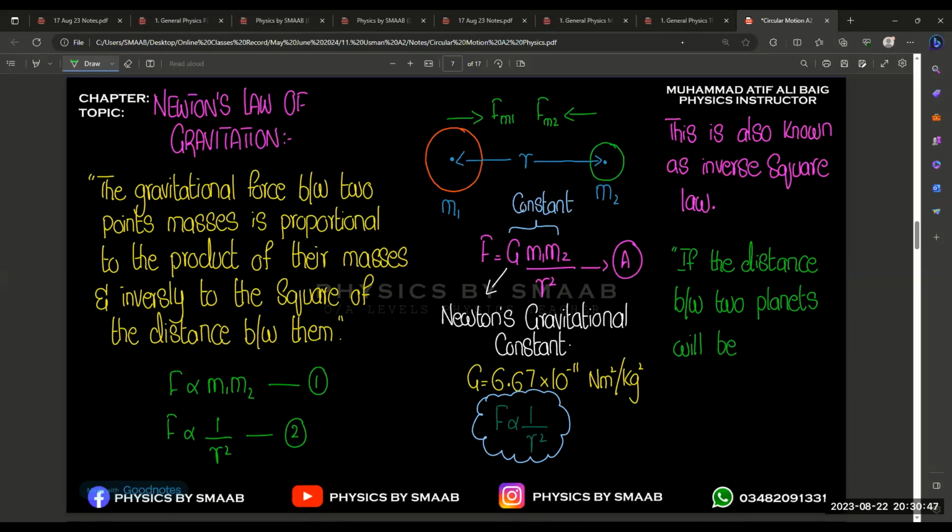Yes, and let's suppose the distance between two planets is doubled, so the force will decrease, because we increase the distance by 2 times, so the force will decrease by 4 times, right? Yes, because we know there is a square, so 2 square equals 4. So that is the concept, right?